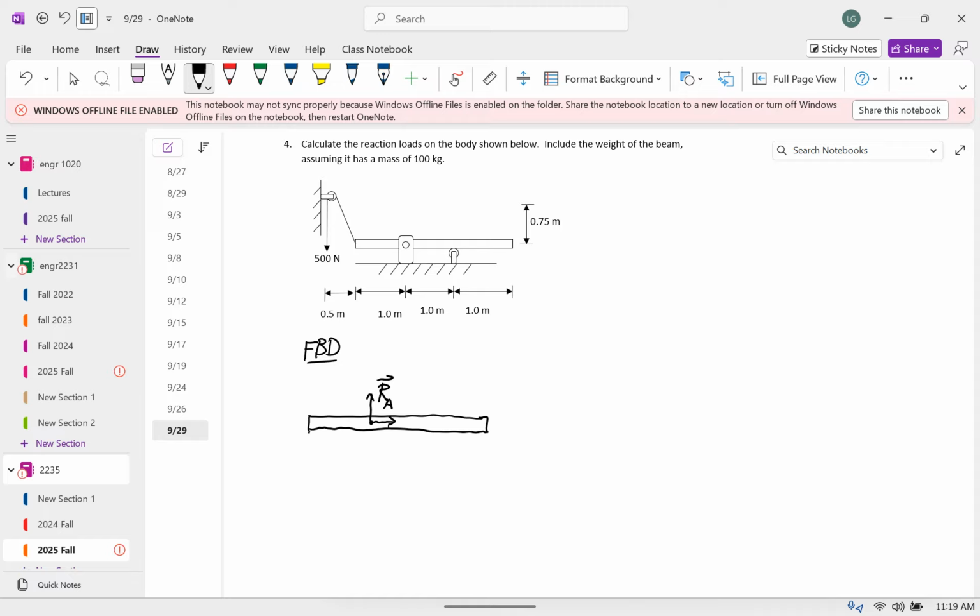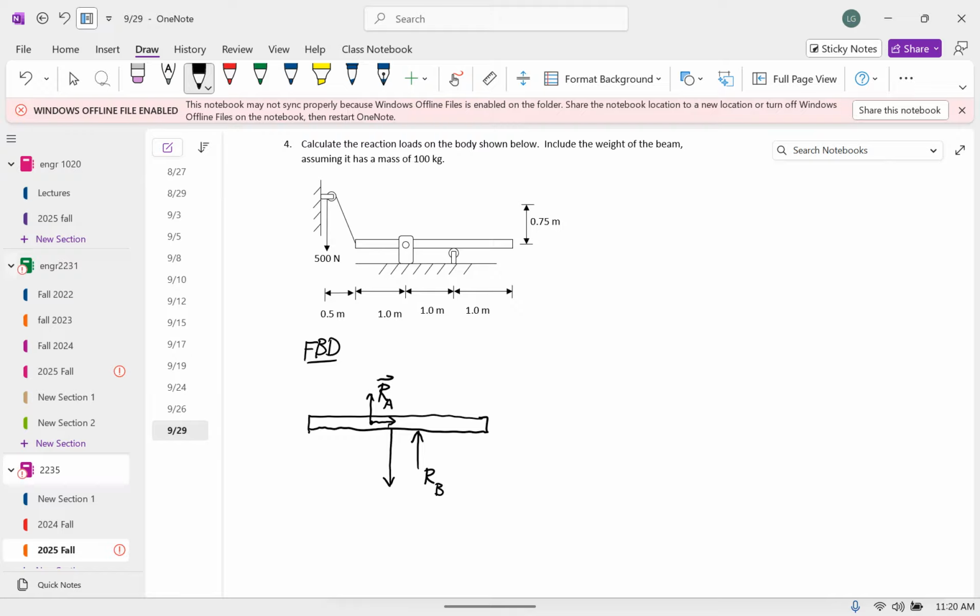And then there's a roller to the right of it. That's like a frictionless contact. That applies a force that's perpendicular to the surface toward the chosen body. So that's straight up, and I'll call that RB. The mass of the beam is 100 kilograms.